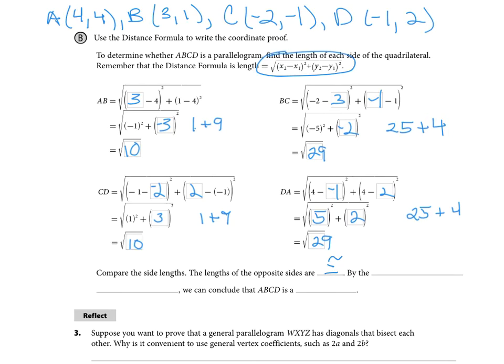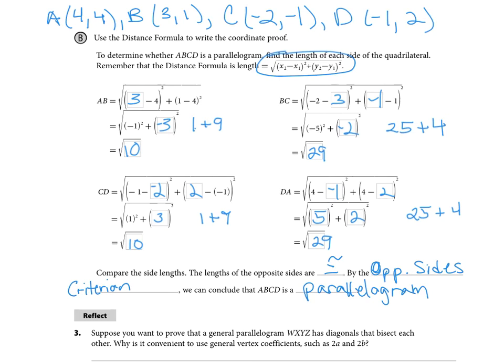And then what it's looking for here, you guys, is by the opposite sides criterion, which simply means if you have a quadrilateral with two pairs of opposite sides the same, then of course it is a parallelogram. Okay, so that's two different ways to prove whether something is a parallelogram or is not a parallelogram.